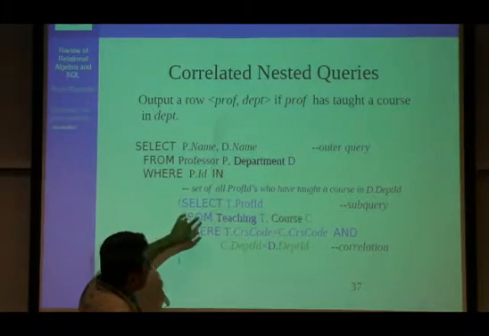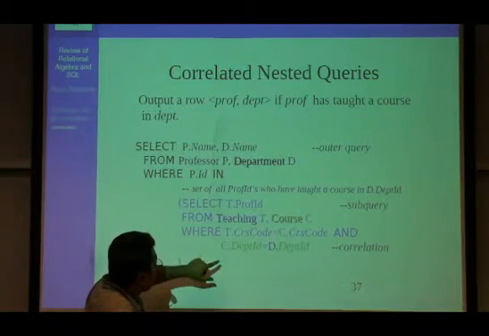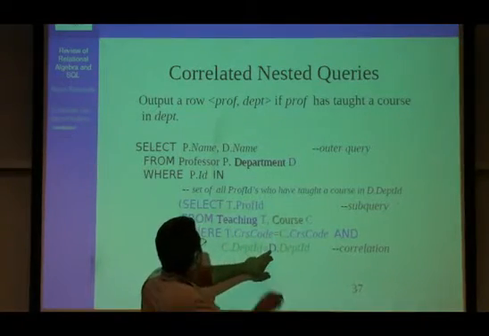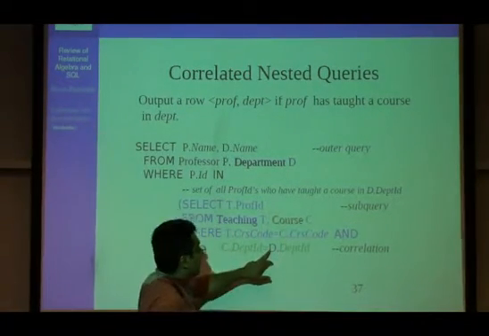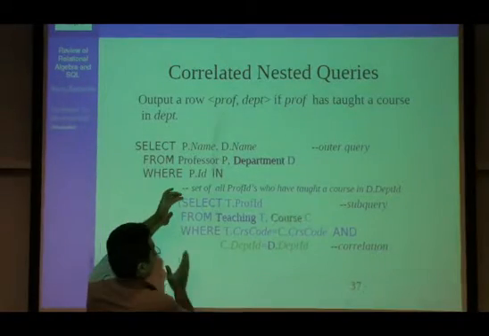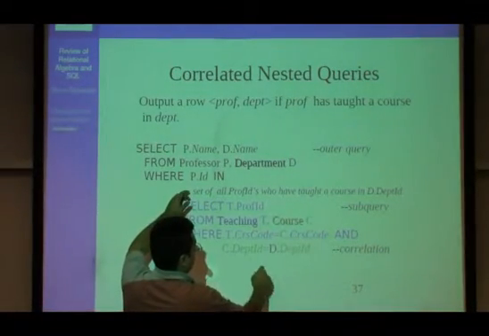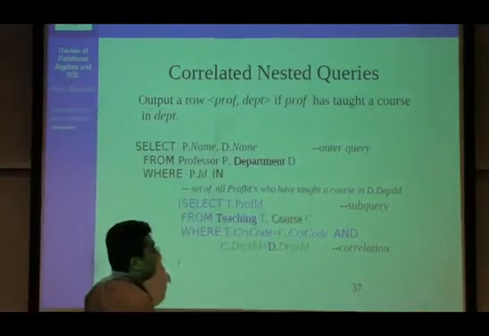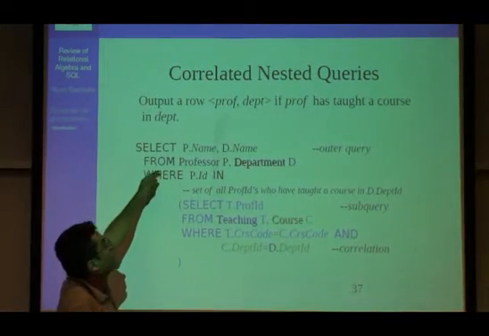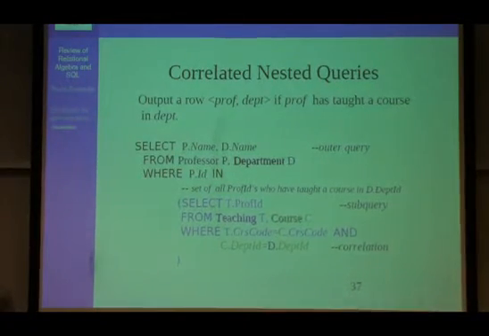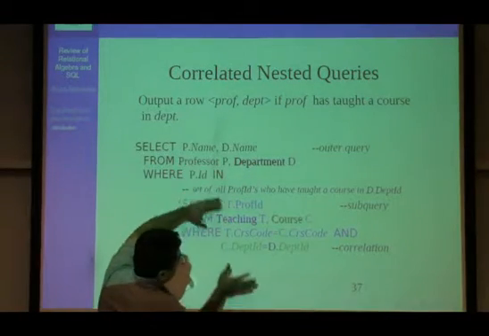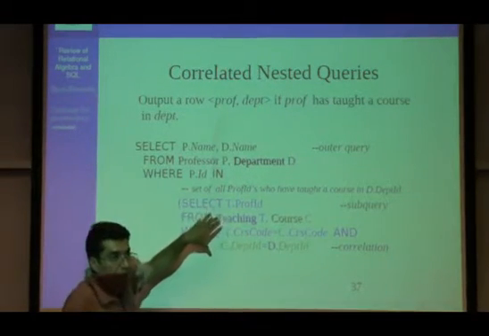Here you can realize that table D is not in the from clause of this select query. What happens is that table D here is considered a global variable to the rest of the queries nested inside.